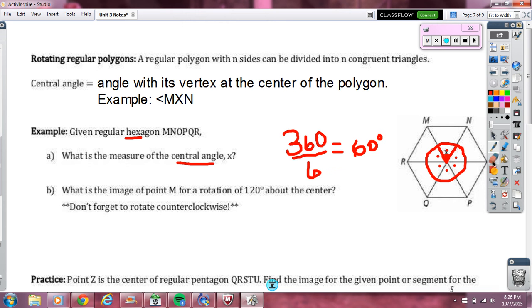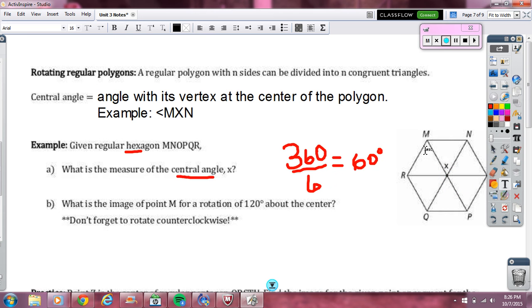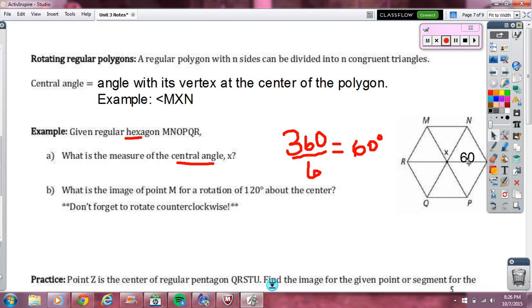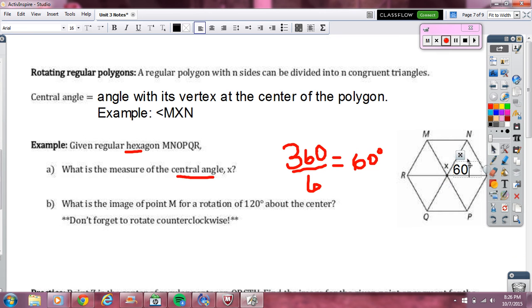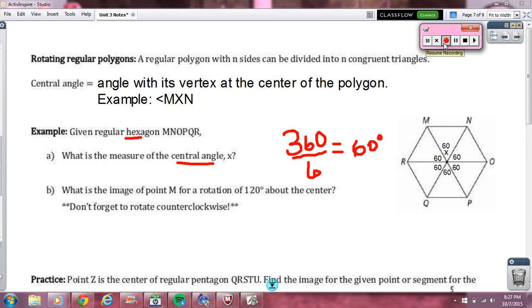So each one of these little angles in here has a size of 60. All the angles are 60 degrees. Now that I've figured out that angle X is 60 degrees, I can start answering questions about rotations.